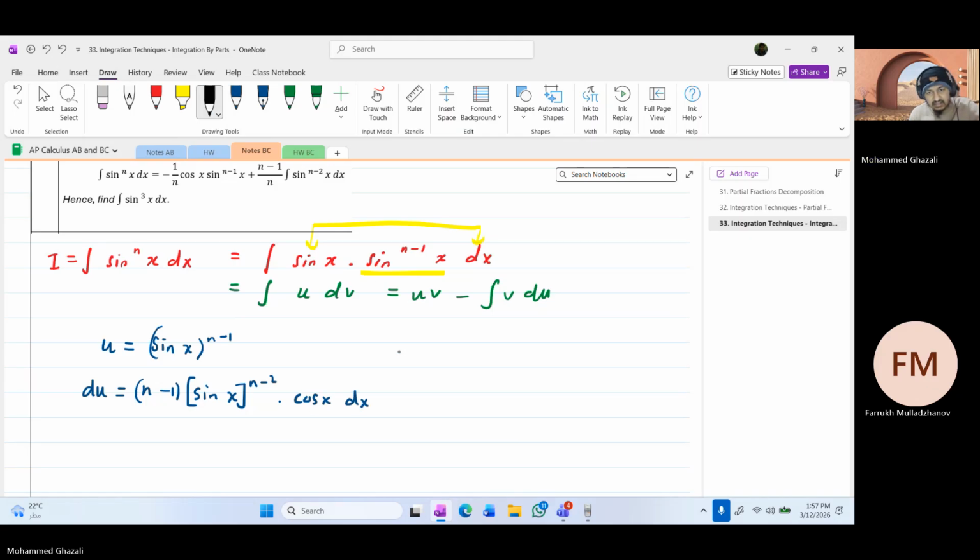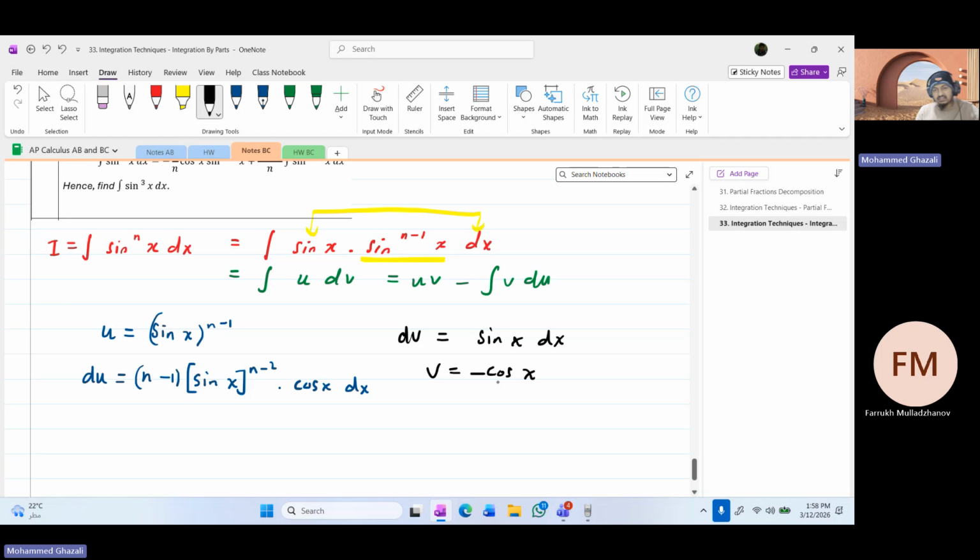And what is your dv? Your dv is sine x dx. So I need to integrate this. V is equal to cos. Derivative of cos is sine. No, negative cos x. That's it. Right, because if I differentiate negative cos x, then I get sine x.